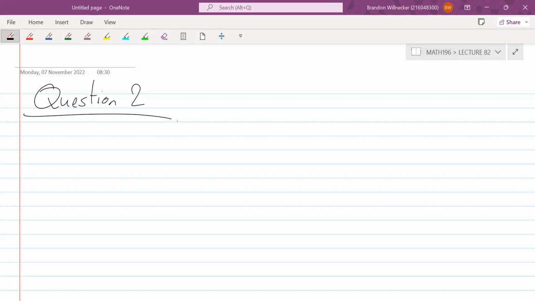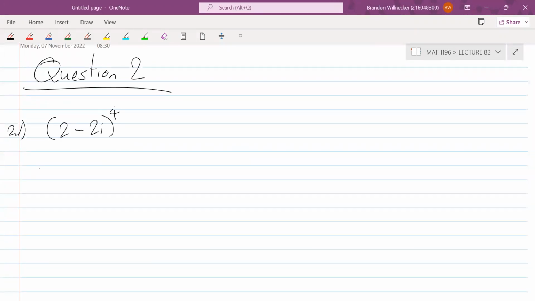So 2.1, we have (2 minus 2i) to the power 4. And we want to write this in the form a plus bi. Okay, so if we're dealing with exponents here, raising a complex number to some exponent, it's better to do that in polar form, because of that exponential. It's easy to do exponents with that.